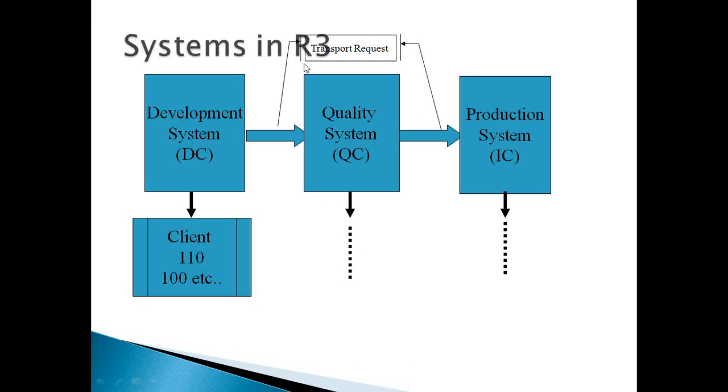Not only in R3, the same logic is applicable to BW also. Whenever you want to change something, you never do it directly in production, because if something goes wrong, it will affect your reports and other objects. So we don't experiment there, and even if you try, the system will not allow you.